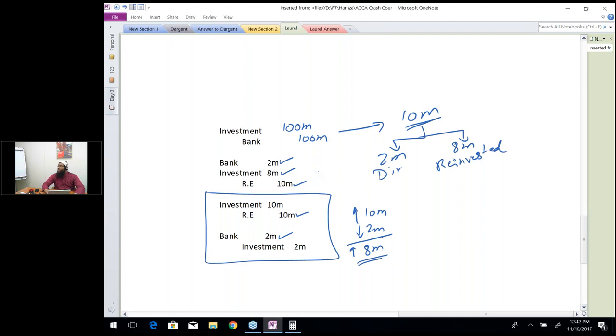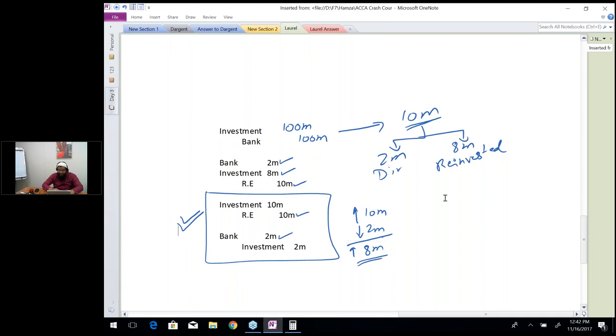So normally what we do is we make these entries for an associate. We first assume that the entire amount has been reinvested. And whenever we draw the profit in dividend, we say that the reinvestment amount has been reduced. So if the reinvestment has been reduced, the investment will also be reduced.